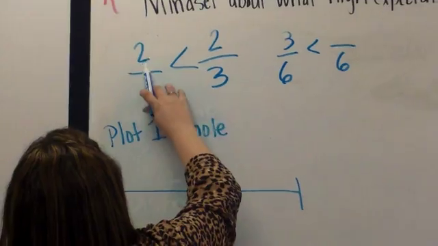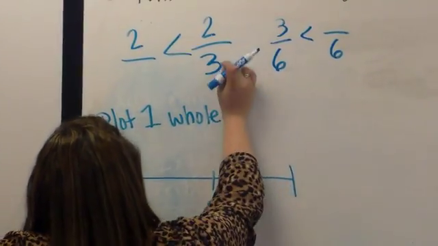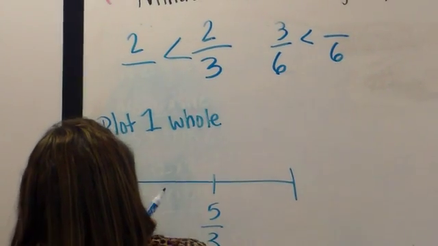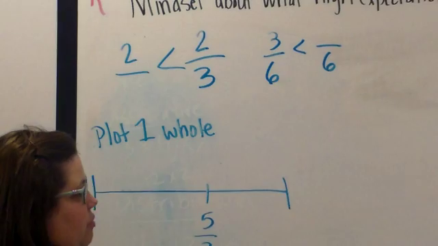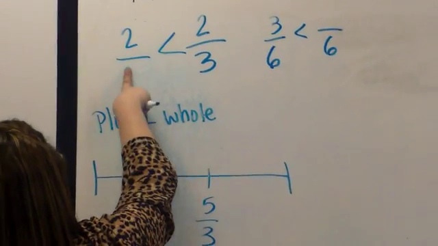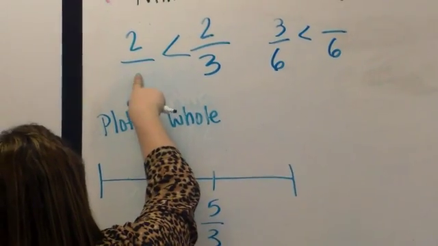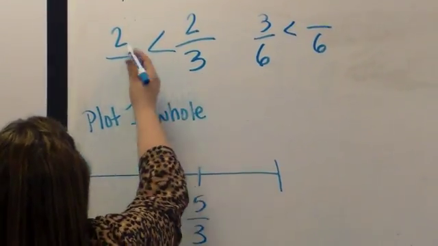When fractions have the same numerator, you look at the denominators. So the denominator of 3 tells me that a whole is broken into 3 pieces. Because there's only 3 pieces, they're pretty big. In order for this number sentence to be true, I would need to put a denominator here that is bigger than 3.